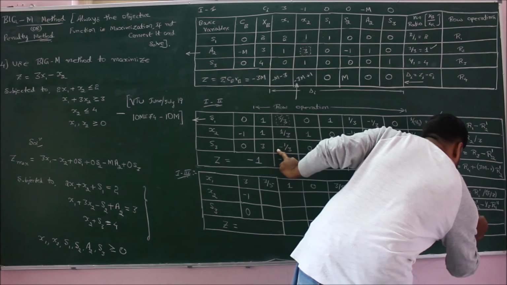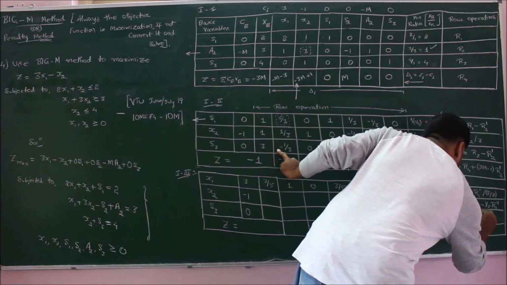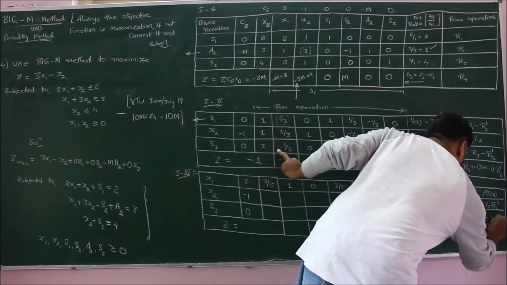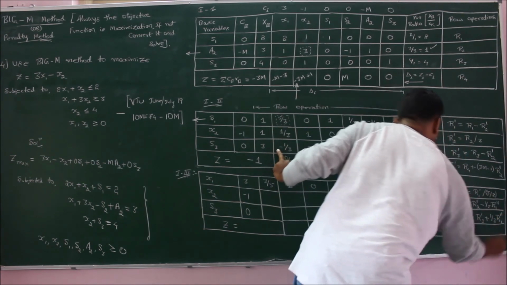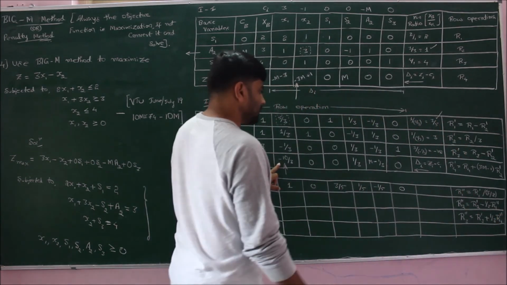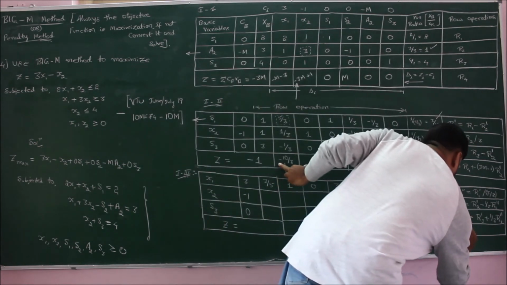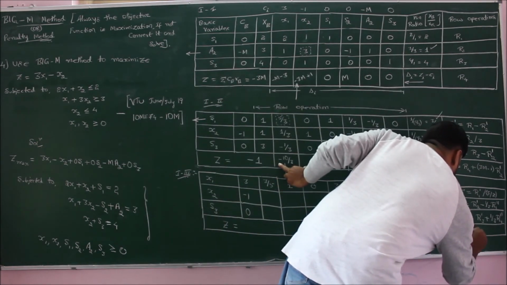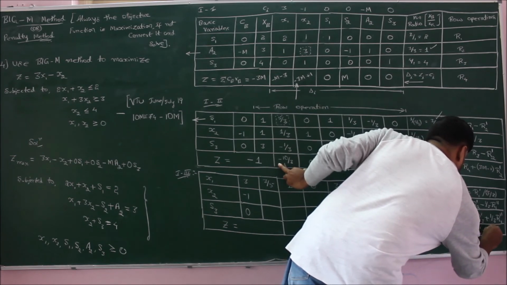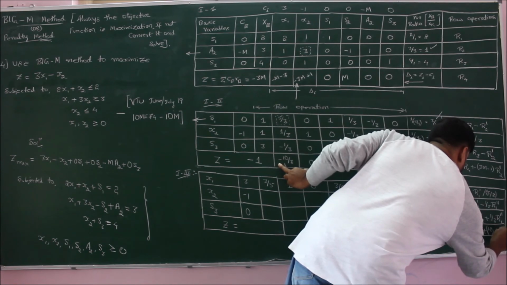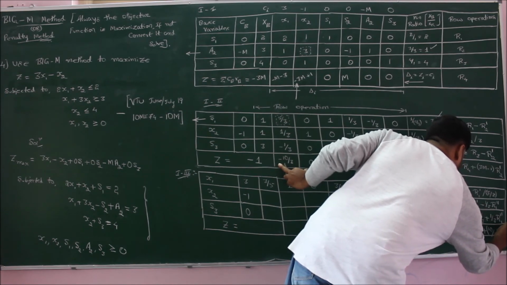So R3 double dash is equal to R3 dash plus 1 by 3 of key row, that is R1 double dash. Here I have a minus 10 by 3, so therefore R4 double dash is equal to R4 dash plus 10 by 3 of key row. Key row is R1 double dash.